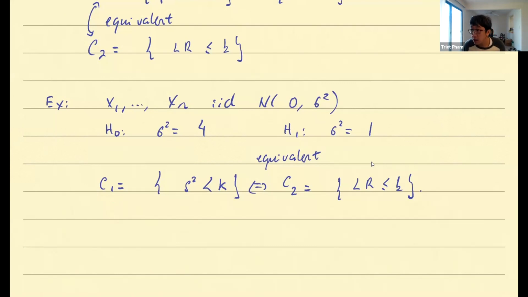When do you reject? Do you reject when the sample variance is large, or when the sample variance is small? Look at this. When do you reject? Small, I think, is obviously captured by this.